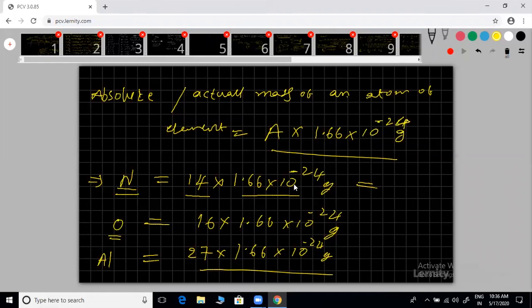That is the actual or absolute mass of one atom. The relative atomic mass of oxygen is 16, into AMU. This is the final answer wherever we are asked for one atom's weight. Can I go to the next slide?